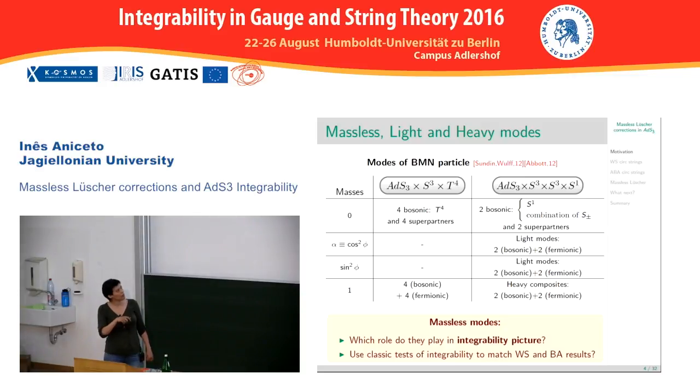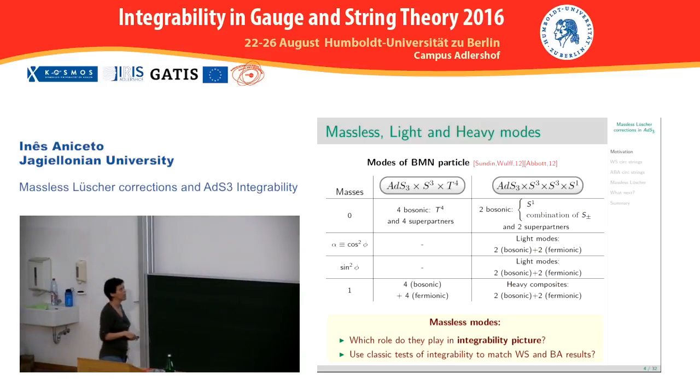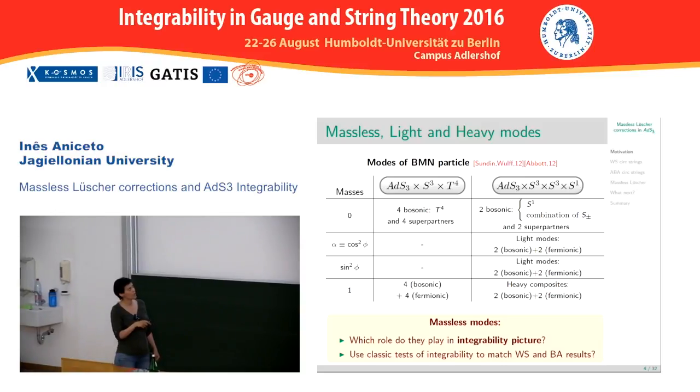In particular, what I'll be looking at is AdS3×S3×T4, but everything that I'll be saying could, in principle, be equally done for the other case. And what we have is 4 bosonic massless modes and 4 superpartners because of our T4 directions.